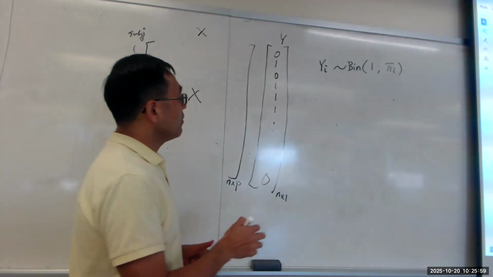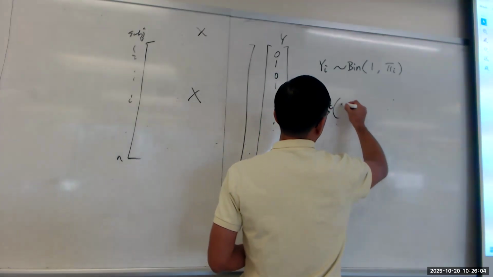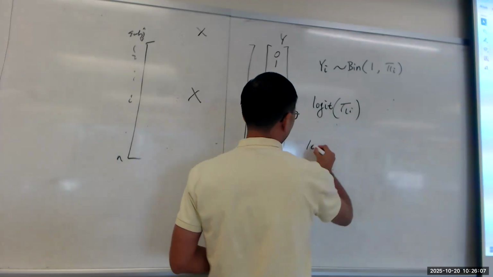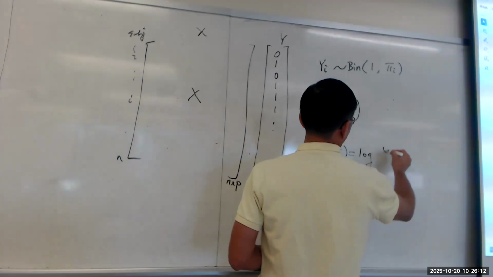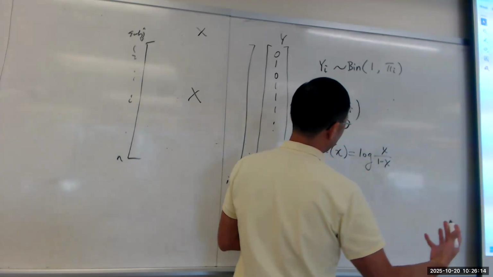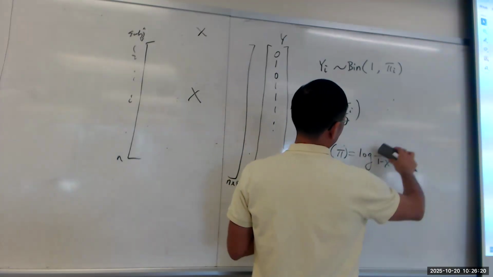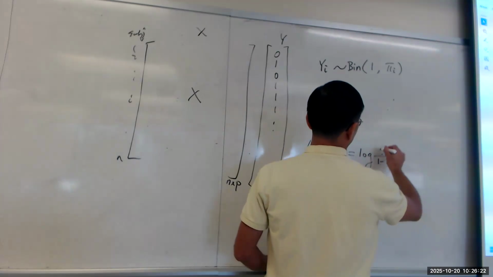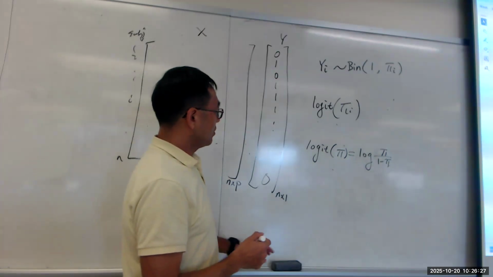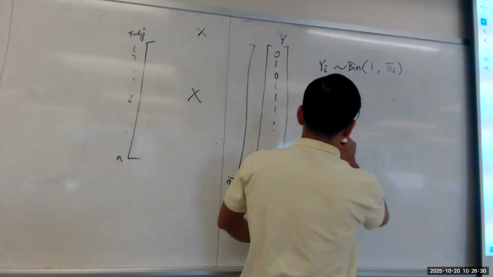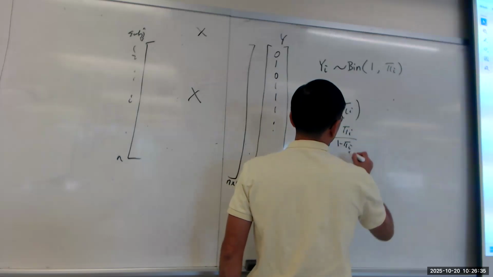So what do you want to do here? You want the so-called logistic model. So you want to apply a logit function. By the way, the logit function of x is just log of x over 1 minus x. This is called logit. So this is a logit function. Let me write it this way: logit of pi i equals log of pi i over 1 minus pi i.